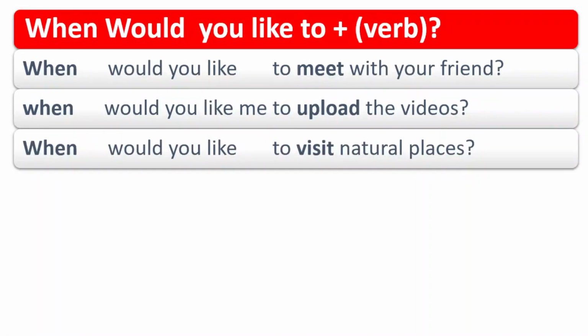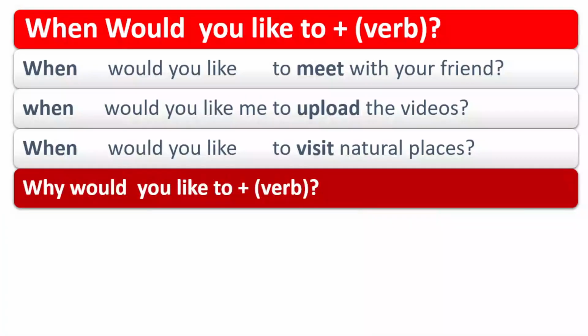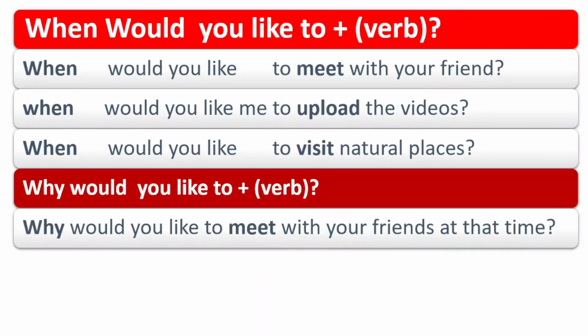When would you like to visit natural places? Now, why would you like to plus verb? Why would you like to meet with your friends at that time? Like the time which you specified in the earlier question. When would you like to meet with your friends? Why that specific time? Why not other time, right?